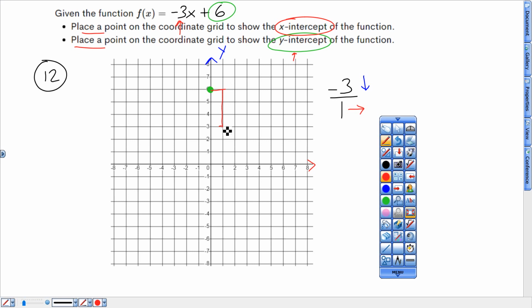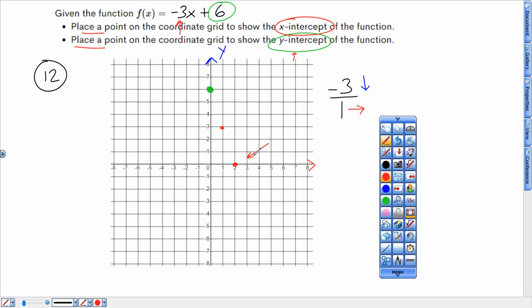That's where my next point is going to go. I wouldn't write those lines though, but you'll be confused. So write 1, down 3, and then continue that pattern again. Write 1, down 3, write 1, down 3. My y-intercept, or I'm sorry, my x-intercept is right there.